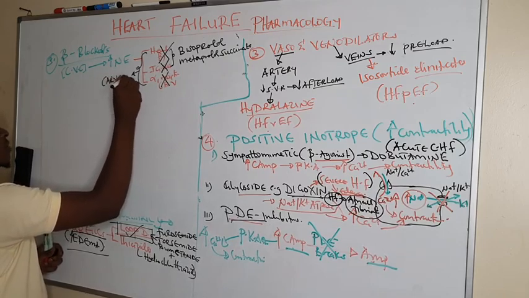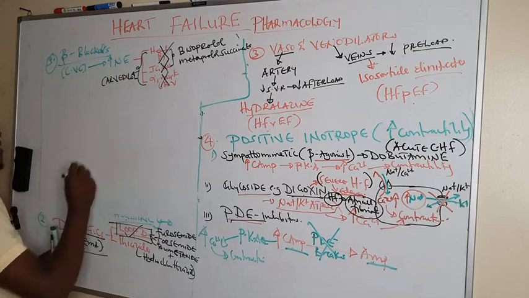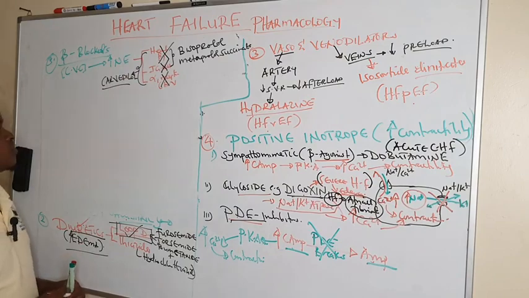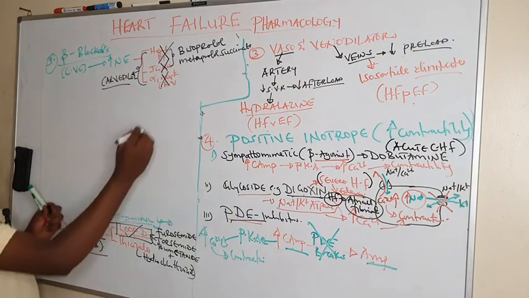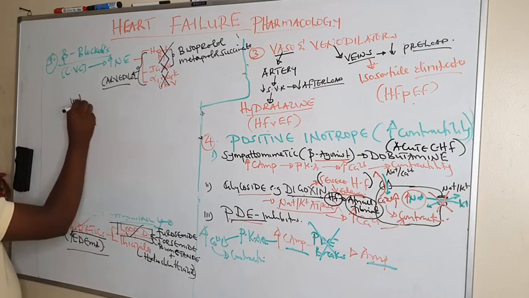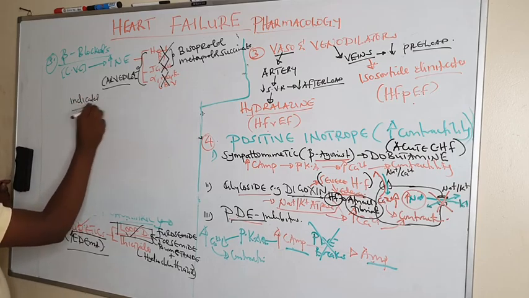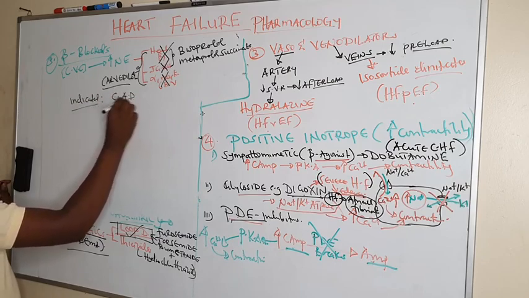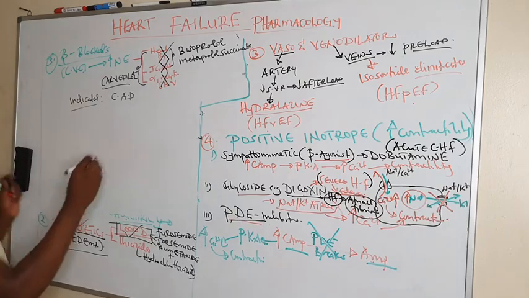So carvedilol is non-selective and is preferred in the treatment of heart failure. Especially these drugs are indicated in the treatment of chronic artery disease, which can lead to heart failure.